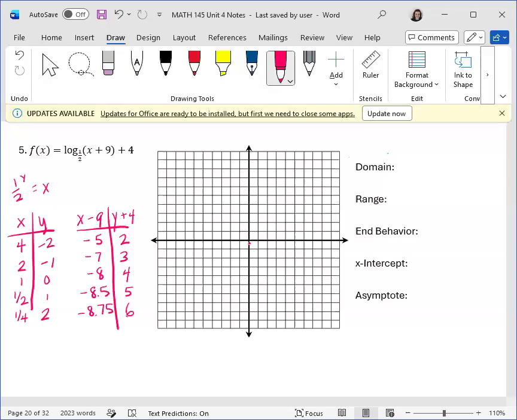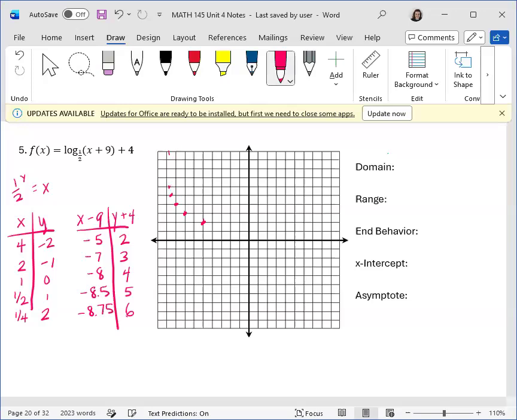All right, plotting those points, I have -5 is mapped to 2. -7 is mapped to 3. -8 is mapped to 4. -8.5 is mapped to... Ooh, I'm sorry. -8.5 was mapped to 5, because -8.75 is 6.